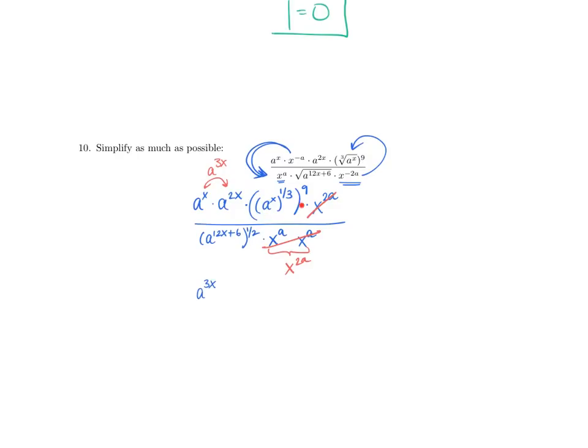This part right here, note that this is a to the x to the 1/3 to the 9th. So this is going to be a product of many things. First, we want to multiply 1/3 and 9 together. That's going to be 3. And then you're raising a to the x to the 3rd, so that ends up being a to the 3x as well. So this becomes times a to the 3x.